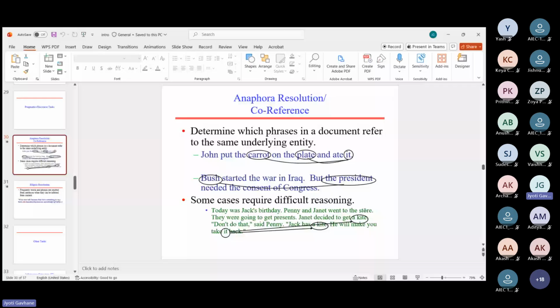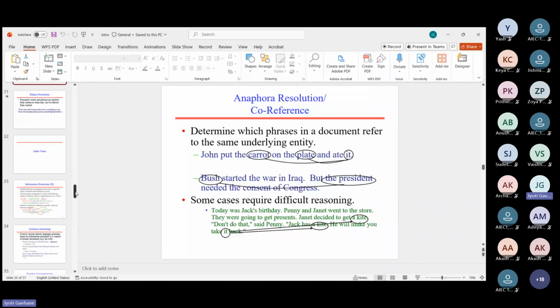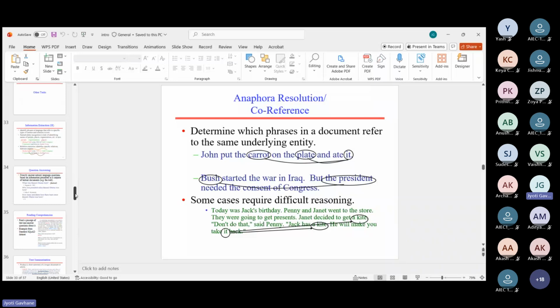So everything is related to each other whenever they are talking about a gift, and the context is Jack's birthday. Correct? So this is the last phase of the semantic. Pragmatic. Apart from that, there are important aspects. So, तीन हो गया, so it is okay now.